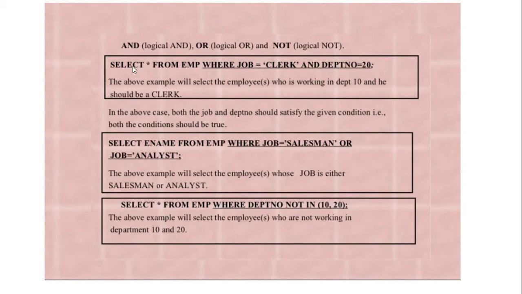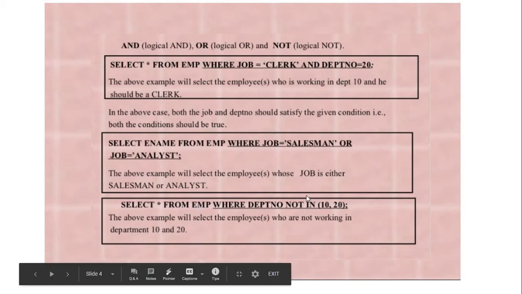When we apply the AND operator, the condition has two or more parts, and all such parts must evaluate to true; only then will it return rows in the output. Whereas when we put OR inside the conditions, it means if either part of that condition is true, it will return the rows corresponding to that part. And similarly, NOT inverts the condition.